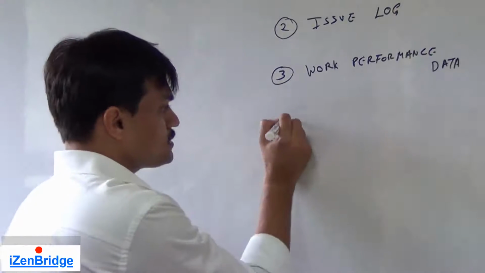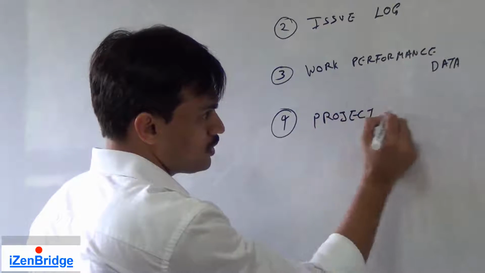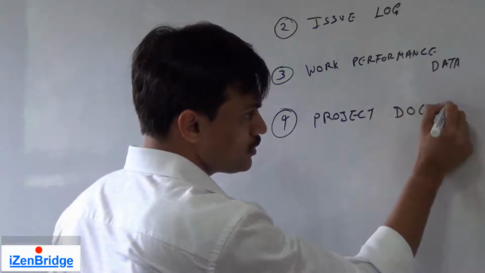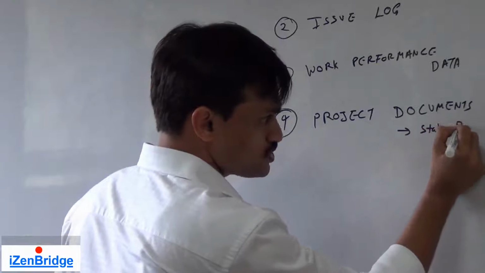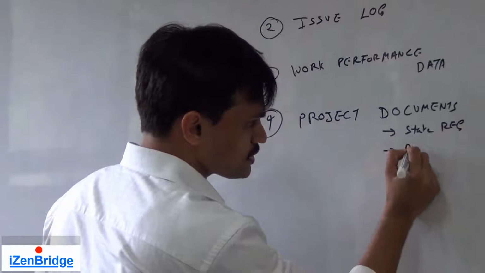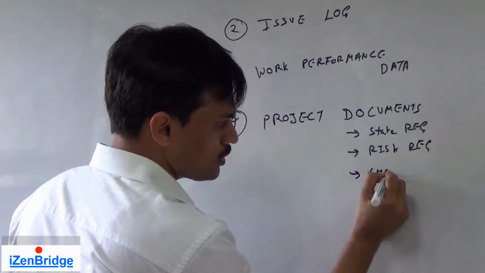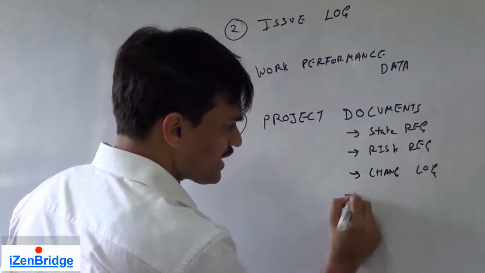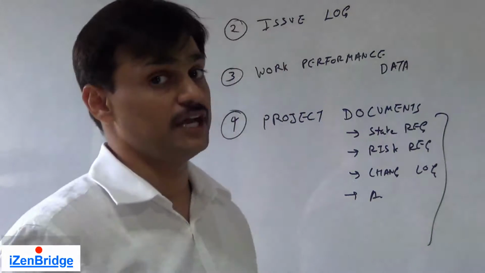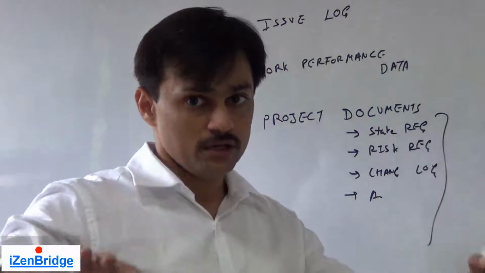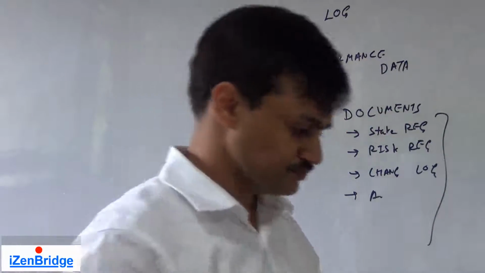The fourth input is project documents like stakeholder register, risk register, change log, activity list, etc. So they also play a role because here we are trying to analyze or compare the stakeholders' current engagement with the planned one.